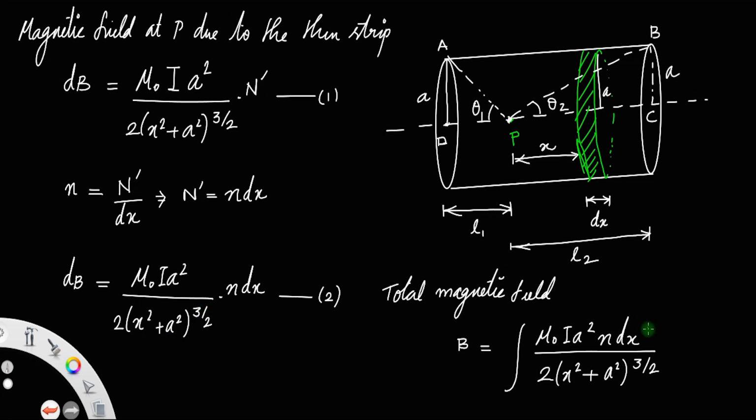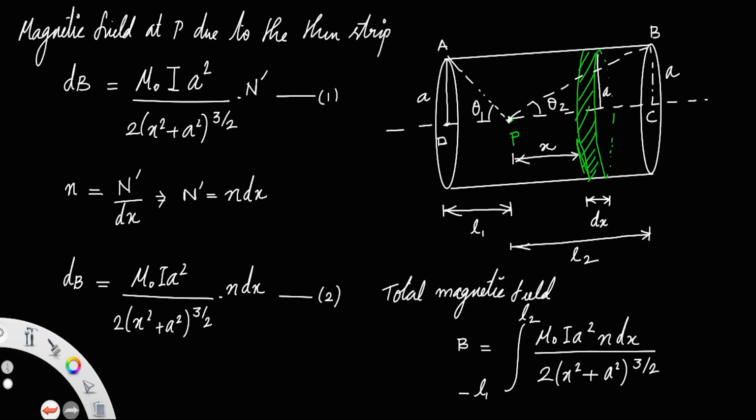Now the variable of integration is dx. So the variable is the length x, and let's say P represents the origin, so that we have to integrate from L1 to L2. Since L1 is on the left and L2 is on the right, you have to put minus L1 to L2. Clear?